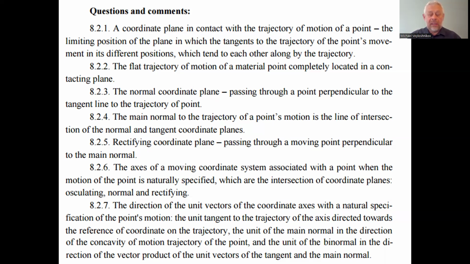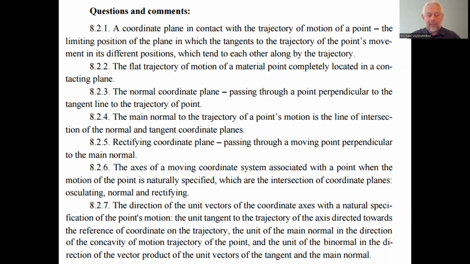If you rotate the tangential axis in the moving coordinate system associated with the natural way of the assignment of the motion of the point M, and the coordinate system moving together with the point M, when we rotate in this coordinate system the tangential axis to the axis of the main normal, the right screw associated with the tangential axis will move in the direction of the binormal axis of the right-handed coordinate system.